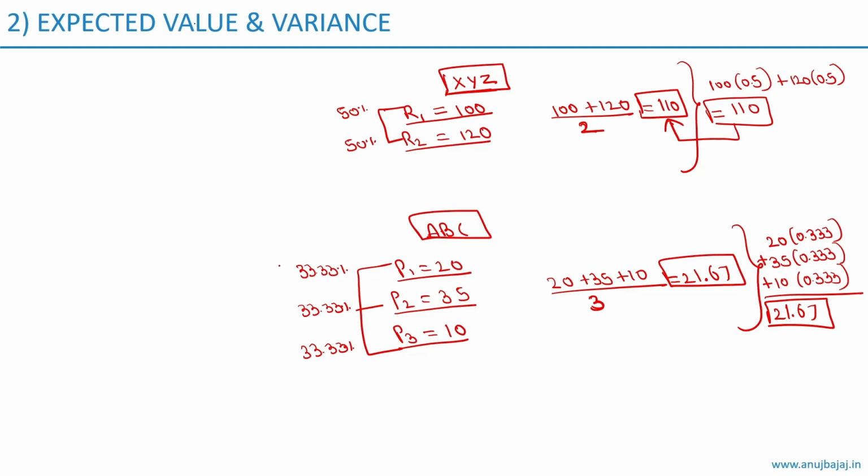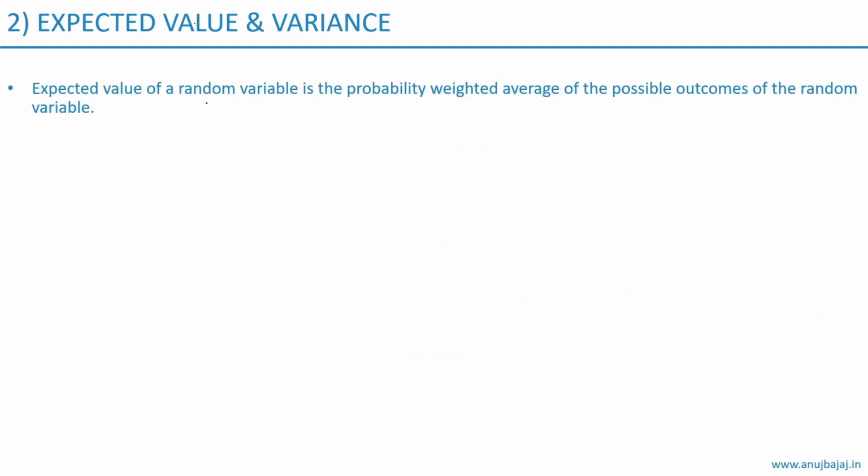But there could also be some scenarios where, say, there is 40% chance that the profit could be 20, or say there is 50% chance that the profit could be 35, and 10% chance of the profit being $10 million. Instead of equal probability, the probabilities could be different. So the expected value of a random variable is the weighted average of the possible outcomes, where the weights are the probabilities.